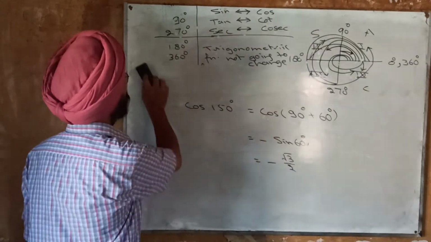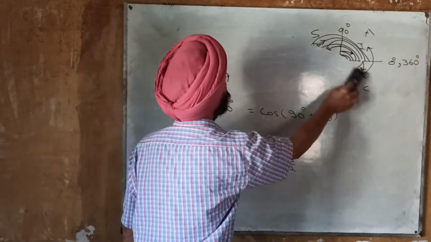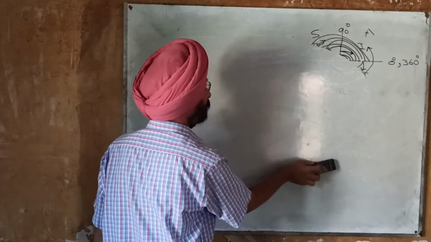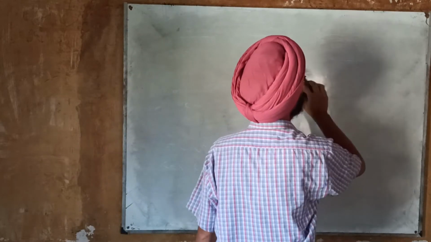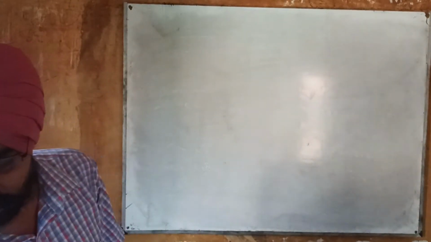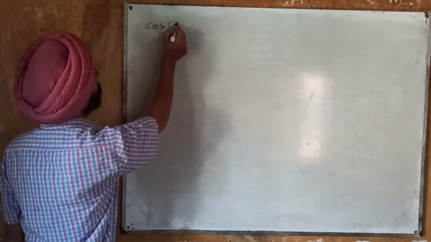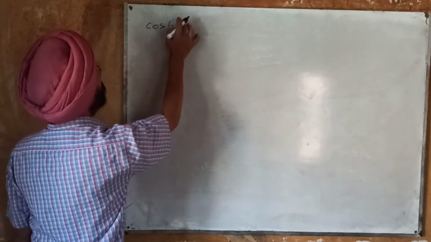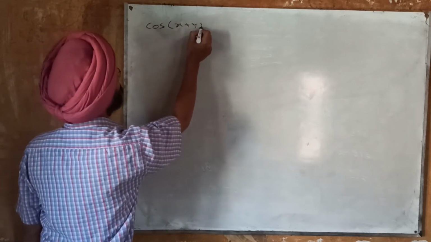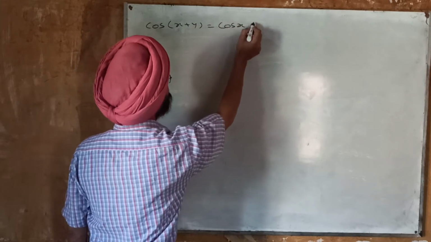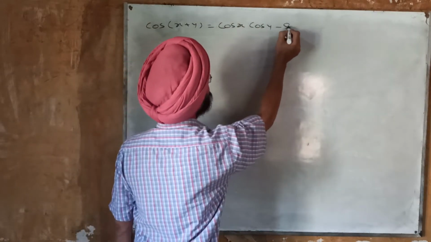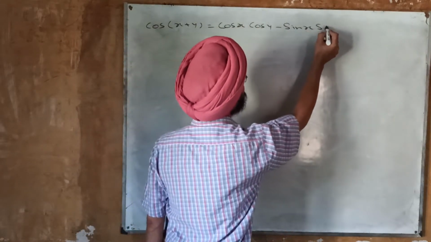So now we will move ahead to more formulas, and basically I will try to give you a proper proof. First I am going to prove the formula that cos of x plus y is equal to cos x cos y minus sin x sin y.